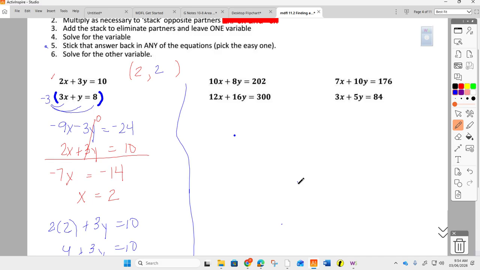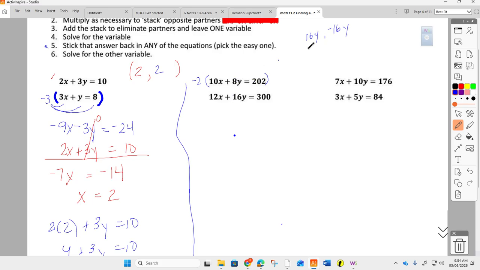Yeah, so the product would be 16, right? 8 and 16 are both factors of 16. Yeah, so if we had 16y and negative 16y, we'd get rid of y's, right? And we don't have to do anything to this one, but we have to multiply this one by negative 2.